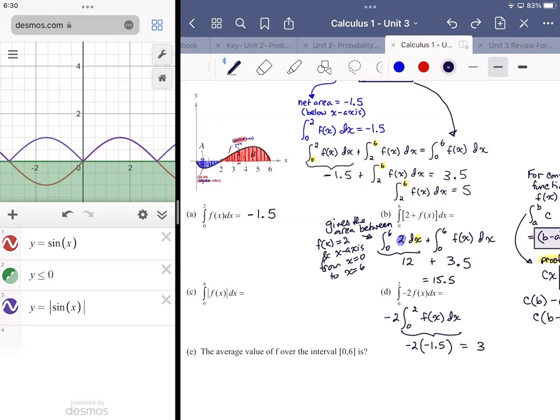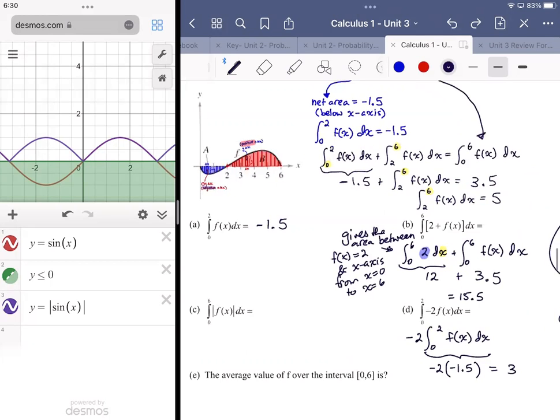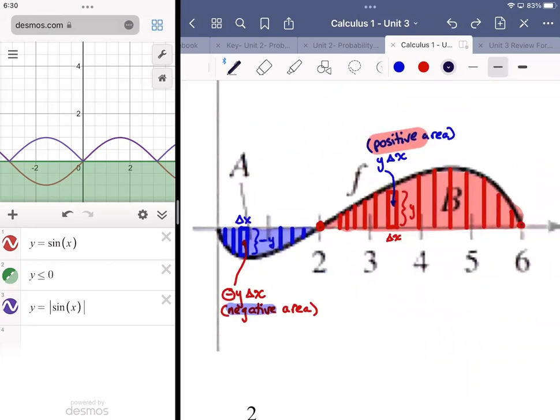Now, how does that apply for this problem? Well, it tells us that if I'm looking at a graph, even if I don't know its equation, and part of it is below the x-axis, all I would need to do is take that part that's below the x-axis and reflect it to be above the x-axis.